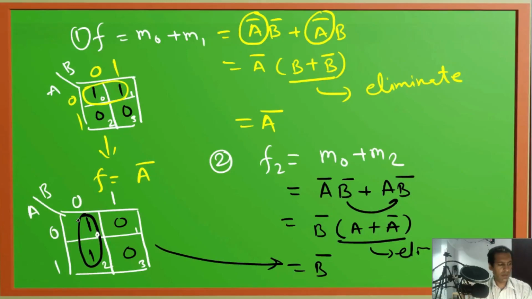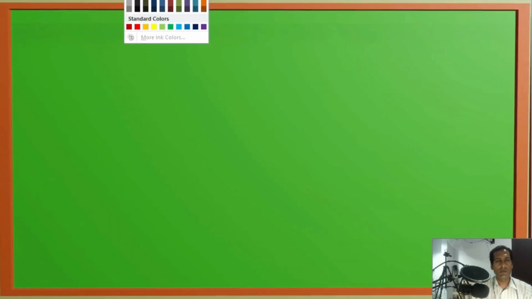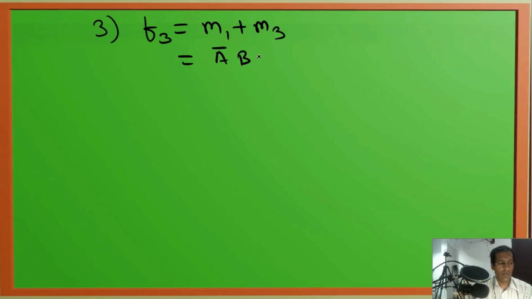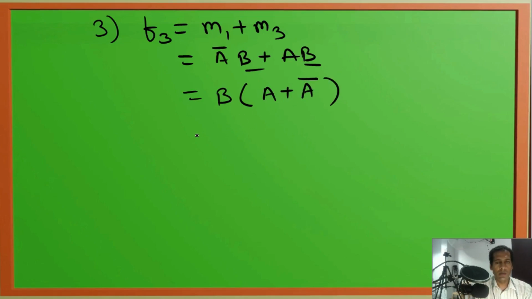Then similarly, for a third possible condition also we can take, say we have one function f3, it is given as m1 plus m3. We can write it as a bar b plus ab. So here b is common, we can take b common. Here we will get a plus a bar, the remaining will be b.